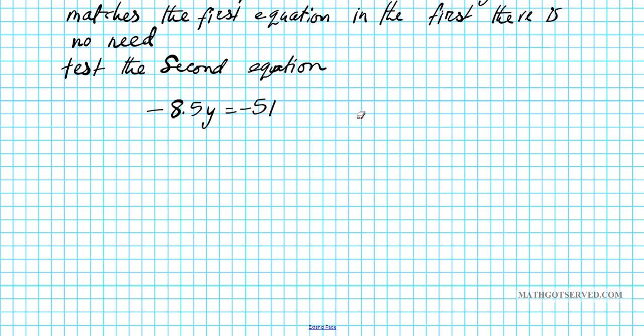Y was equal to 6, right? So if we plug in 6 for y, do we have a true or false statement? Let's do it. We have negative 8.5 times 6. Is it equal to negative 51? We don't know yet. This is just a test.